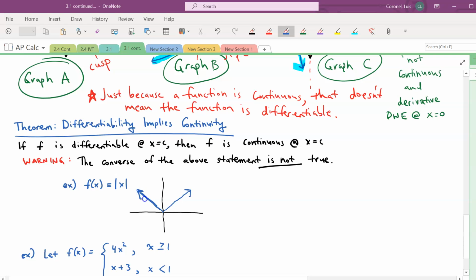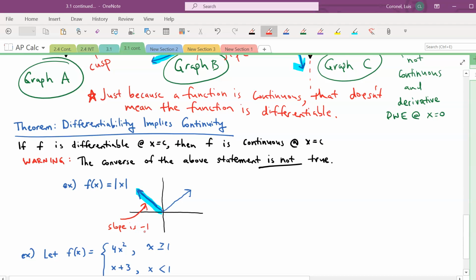The question is, is this graph differentiable? From the left side of the graph, if I'm on the left side, this light blue part, we know what the slope of that line is. The slope of that line is -1. I'm just going to mark that here in red: the slope is -1.